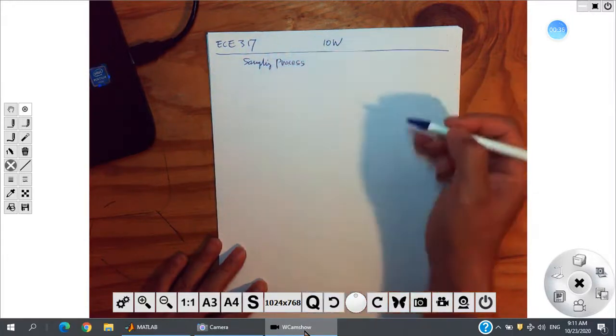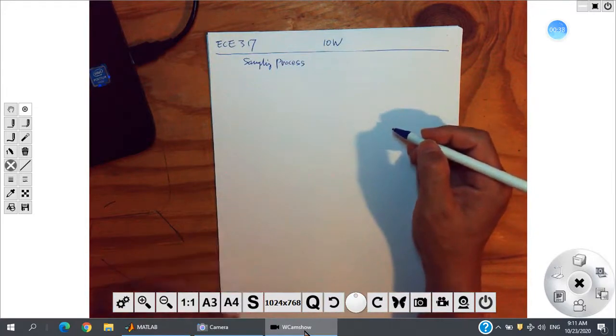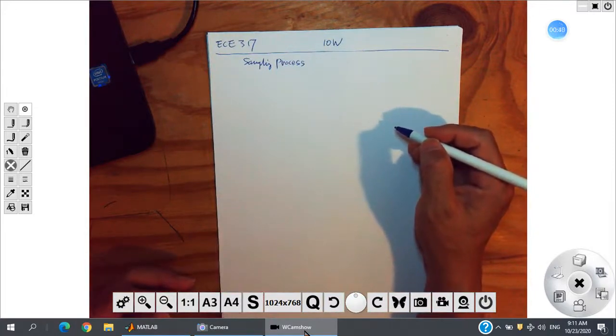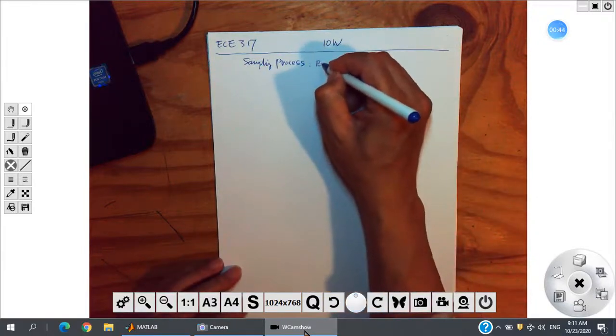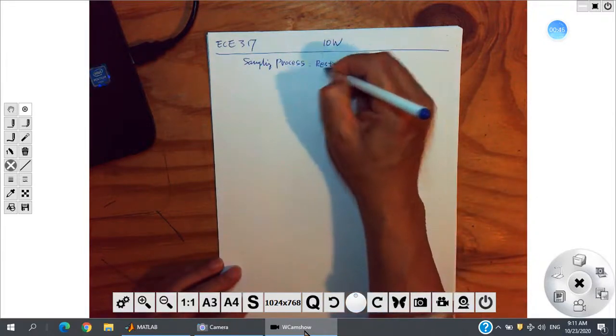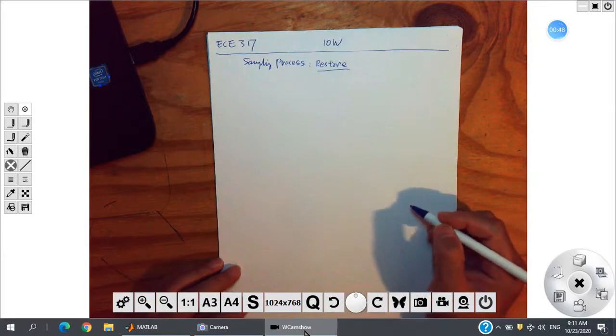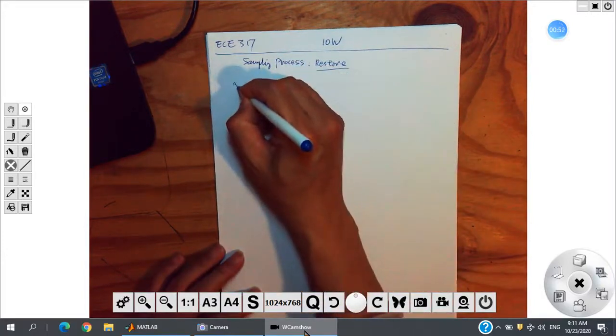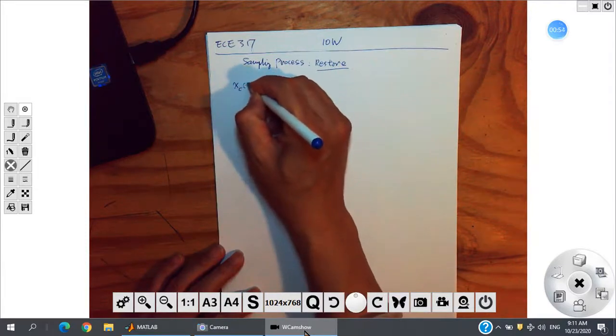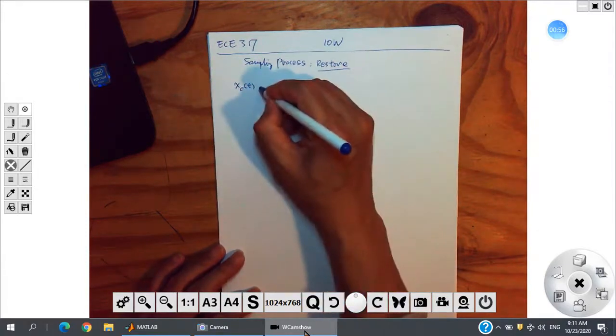Today we will consider how to restore the original signal based on the samples. We want to restore the original signal. We start from a continuous time signal, and we suppose this is a band limited signal.